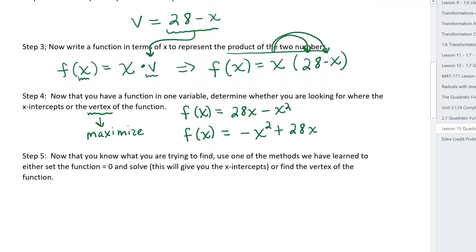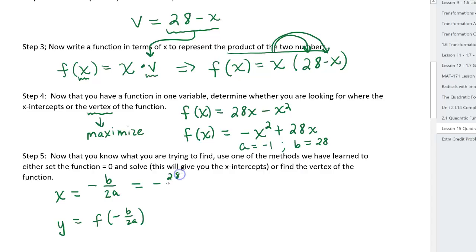So if I'm looking for the vertex, I know that I have the x-coordinate of the vertex being negative b over 2a, and the y-coordinate of the vertex is f of negative b over 2a. So I'm looking for x here. I know that a is equal to negative 1 and b is equal to 28. So that will give me negative 28 over 2 times negative 1, which is negative 28 over negative 2, which gives me 14.